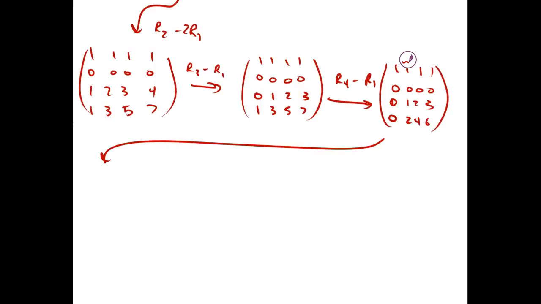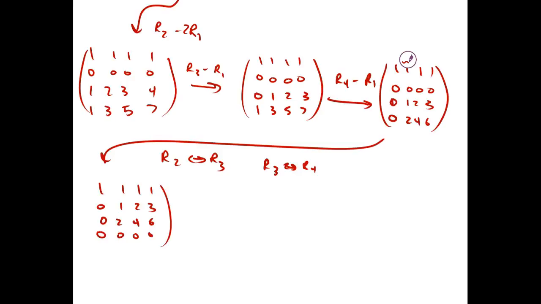And we can swap R2 and R3, giving us 0, 1, 2, 3. And we'll actually swap R3 and R4 as well, because we know that the rows full of zeros need to go on the bottom.